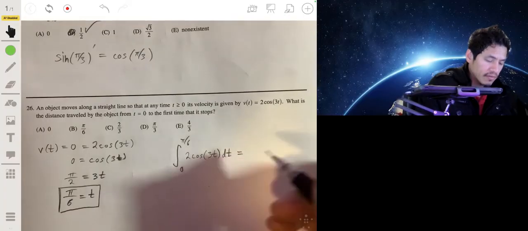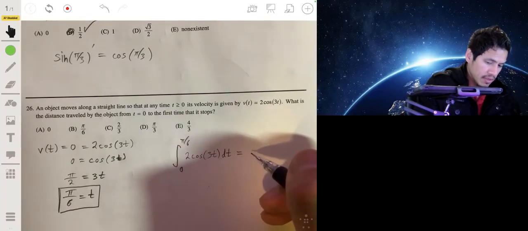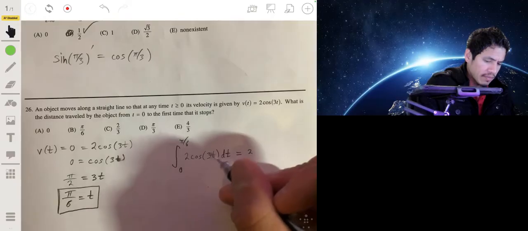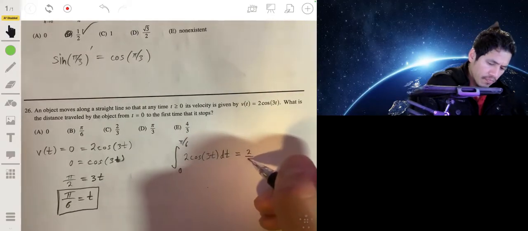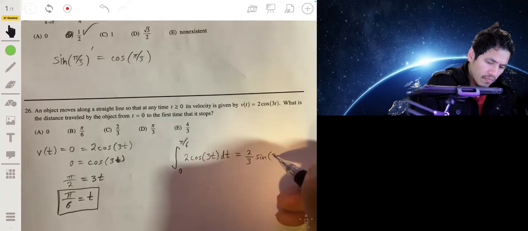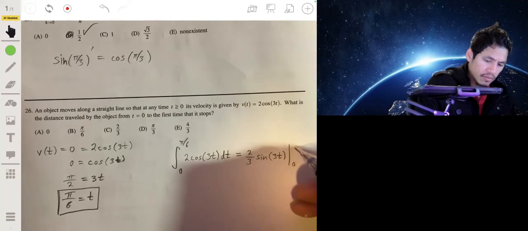Take the antiderivative, we get 2 times, divided by 3, so 2/3 times the sine of 3t, from 0 to pi over 6.